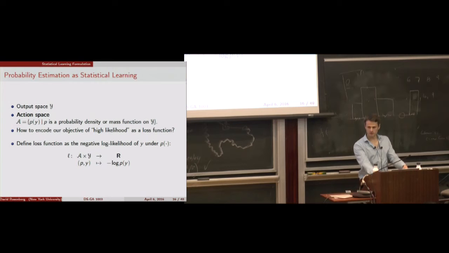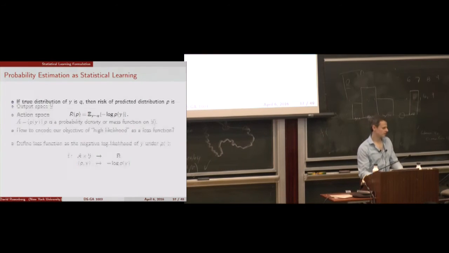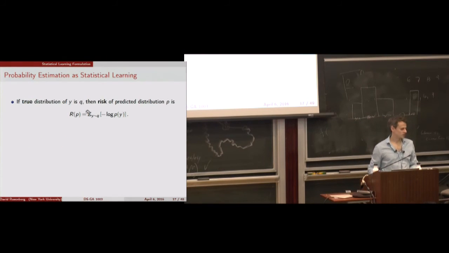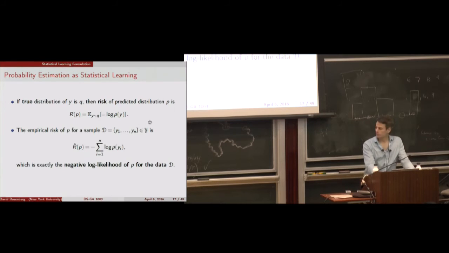Now we could talk about the risk and the risk minimizer. If the true distribution is q, and our predicted distribution is p, then the risk of p is the expected loss. That's the expected negative log probability or likelihood of y, where y is distributed as q. Similarly, we have the empirical version, where instead of expectation, we're doing the sum over the data.